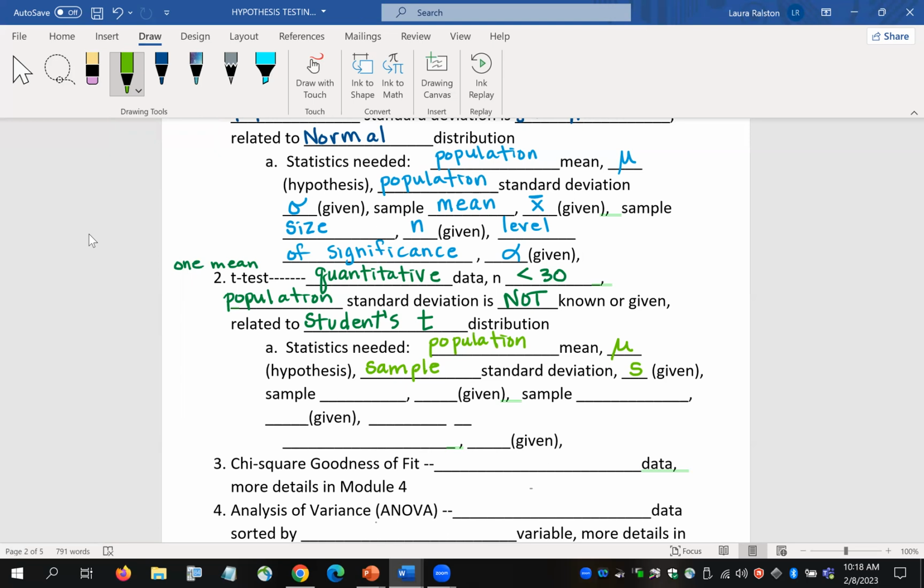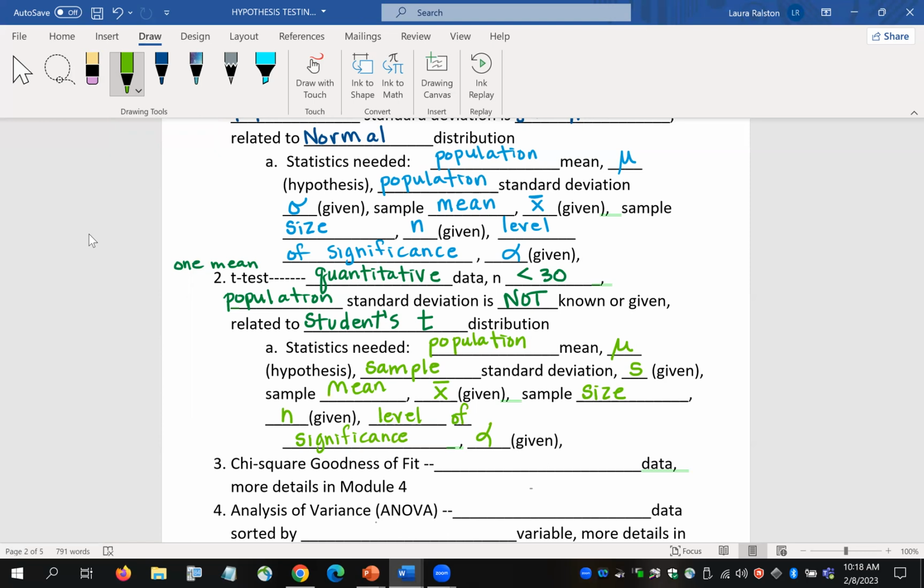You still have to know the sample mean, which is x bar. You still have to know the sample size, which is n. And again, you have to know the level of significance, which is alpha.